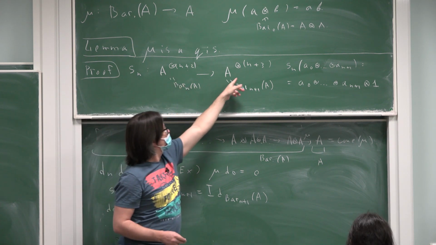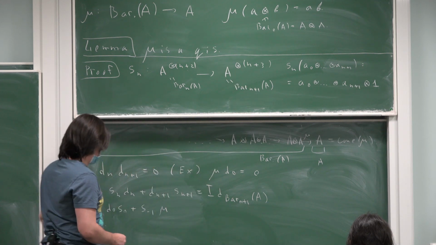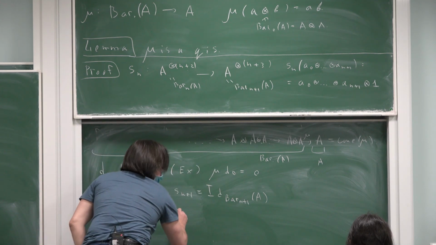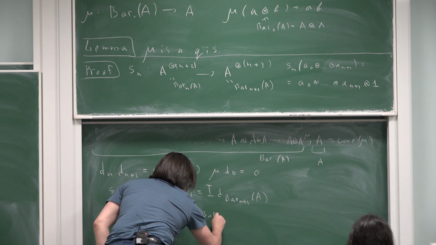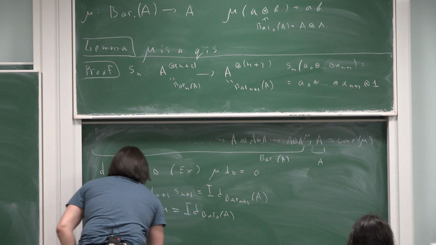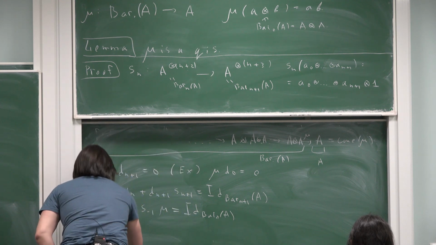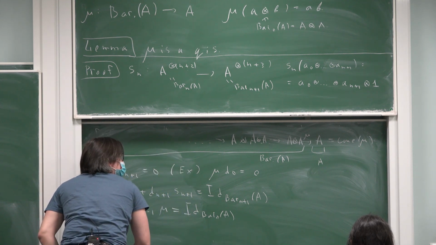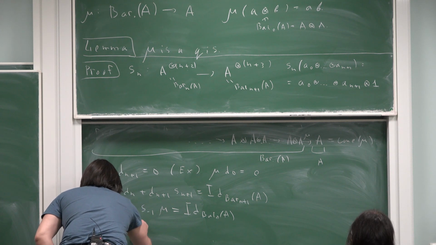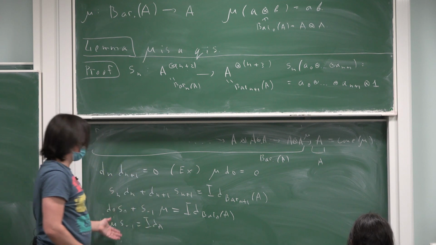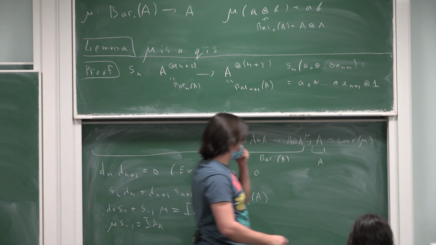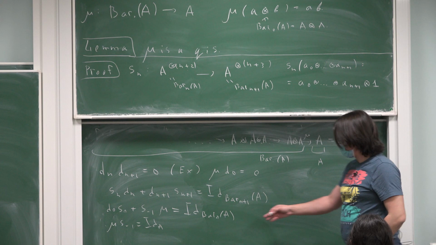We'll have here and here bar 0 of A. This guy is d on bar 0 of A, and mu s_(-1) is the identity on A.